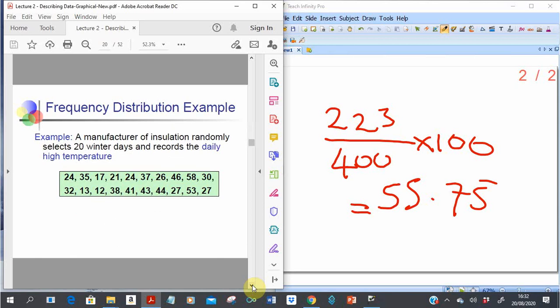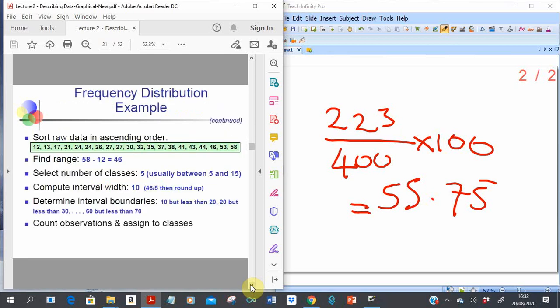A manufacturer of insulation randomly selects 20 winter days and records the daily high temperature. Those were the temperatures collected. So we first sort the data. Then we find the range, 58 minus 12. We get 46.